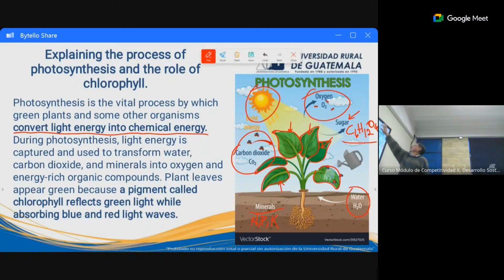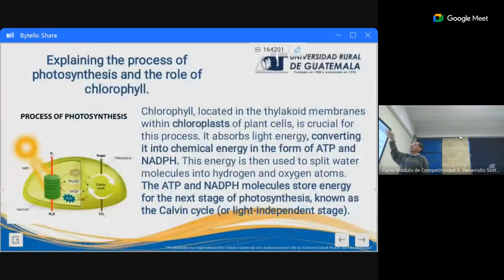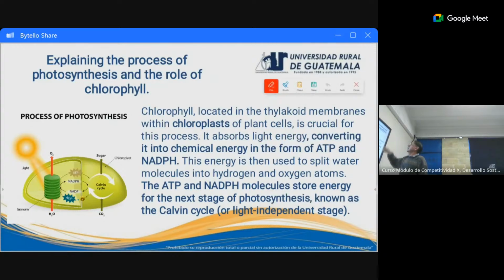This is why we see them as green. Okay, let's go ahead. Explaining the process of photosynthesis and the role of chlorophyll. Okay, chlorophyll is located, as I mentioned before, in the thylakoid membranes within chloroplasts of plant cells. It is crucial for this process.